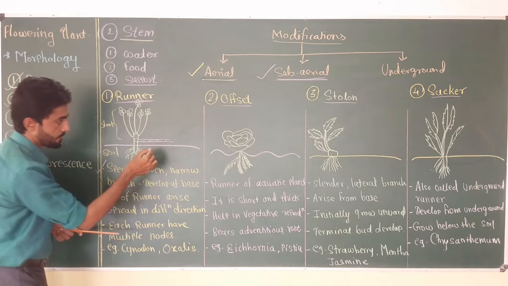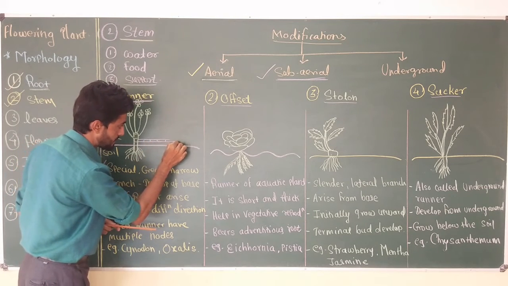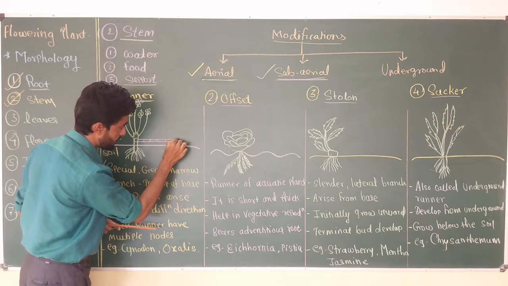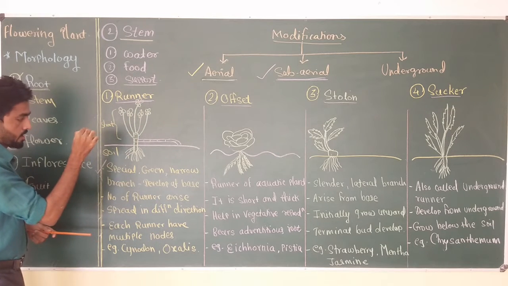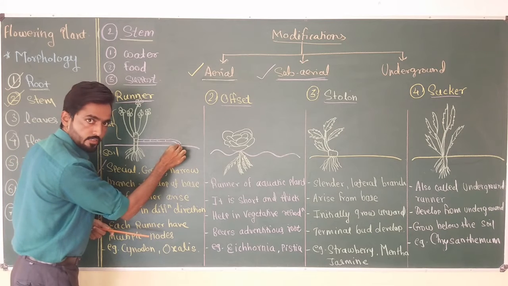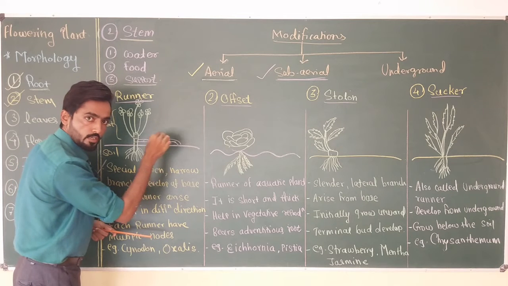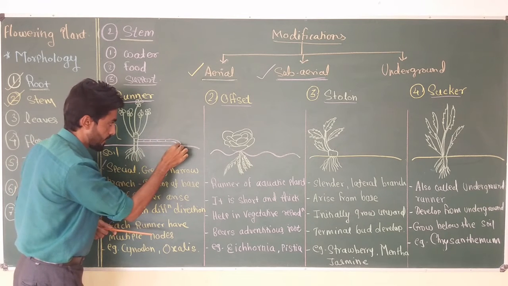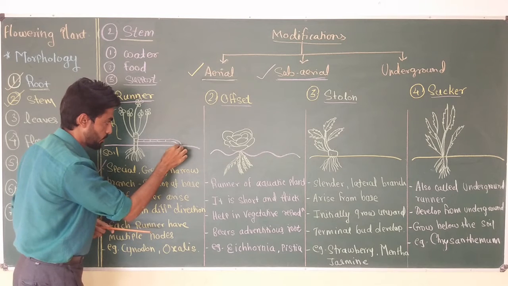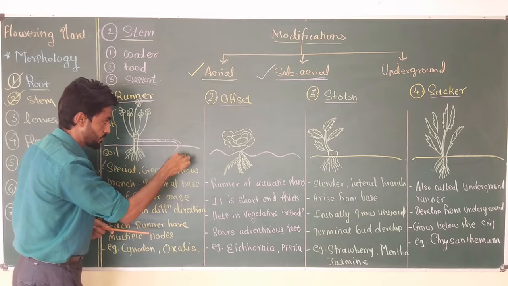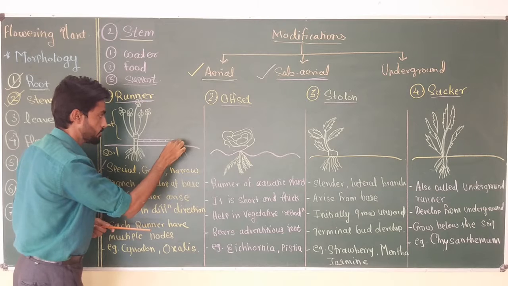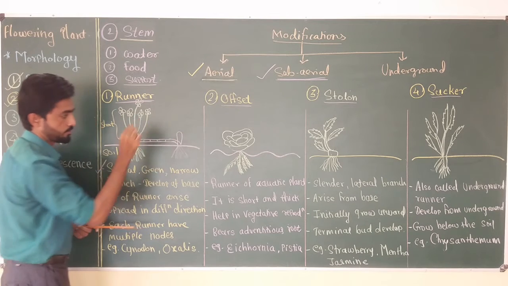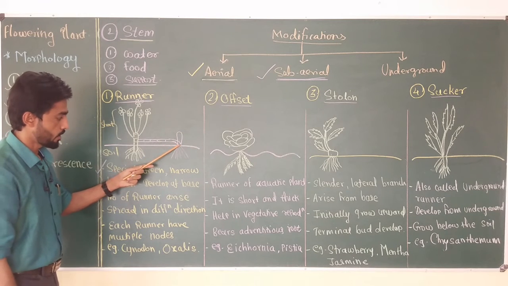At the point when the branch touches the soil surface, after the touch the apical bud starts growth, due to which adventitious roots develop and a new stem is produced at the site of contact.